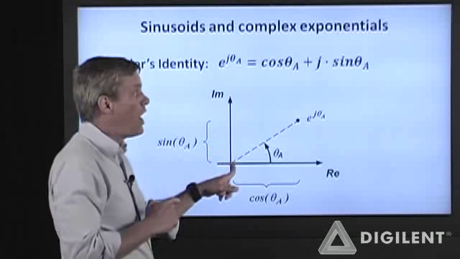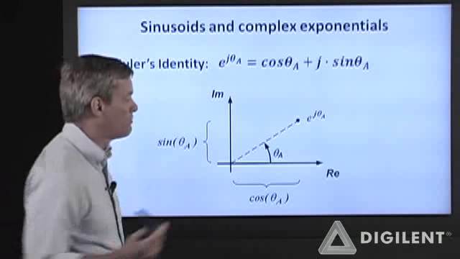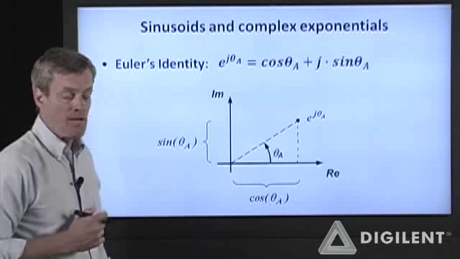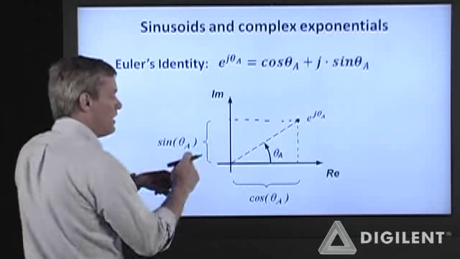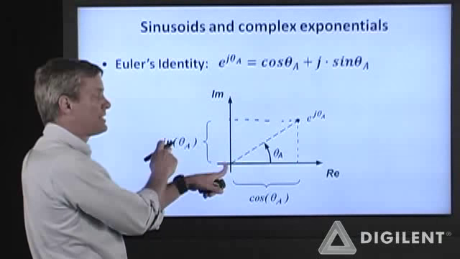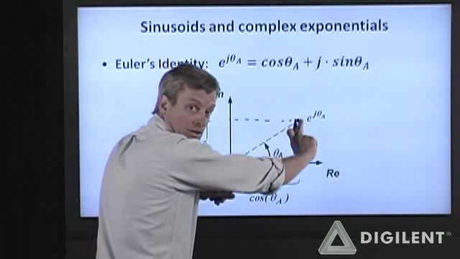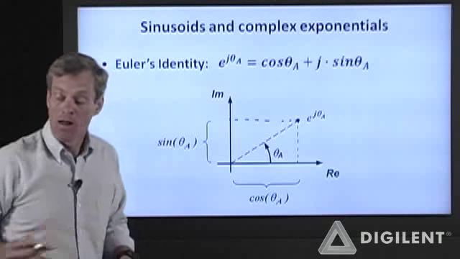The length is 1. So this distance, the projection of this point onto the real axis, is cosine of theta sub A. The projection of this point onto the y-axis, opposite over hypotenuse, is sine. If the hypotenuse is 1, the opposite leg of this triangle is just sine of theta sub A.